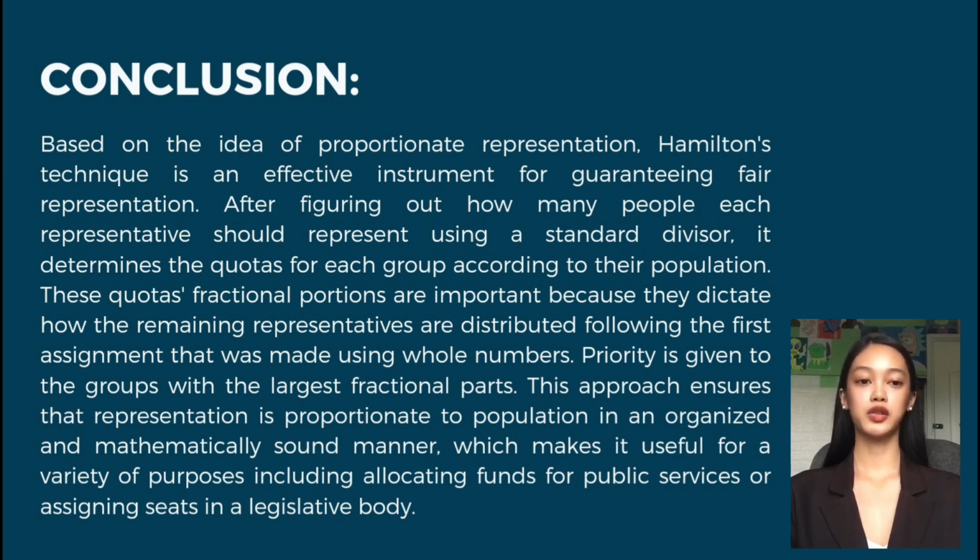Priority is given to the groups with the largest fractional parts. This approach ensures that representation is proportionate to population in an organized and mathematically sound manner, which makes it useful for a variety of purposes, including allocating funds for public services or assigning seats in a legislative body.